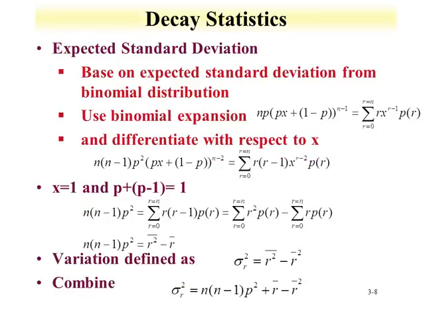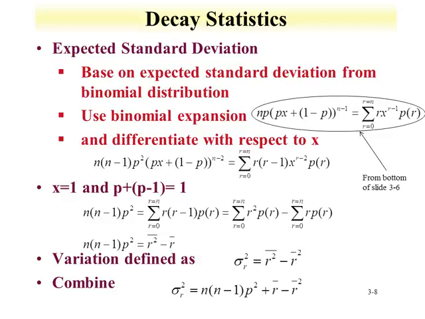Right, so we can use that information to talk about how we can derive a standard deviation for certain counts. And this standard deviation is just based upon the expected standard deviation from the binomial distribution. So we'll use the binomial expansion, which again is shown here, and we'll differentiate that with respect to x.